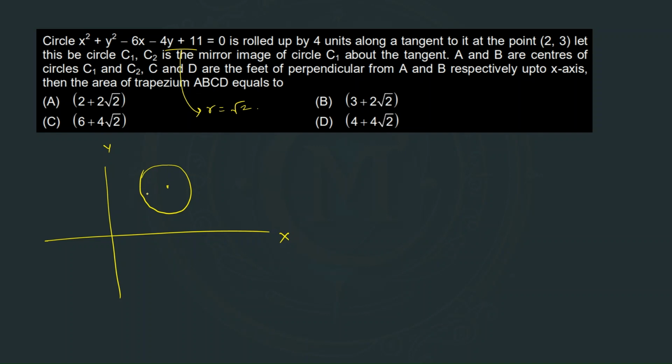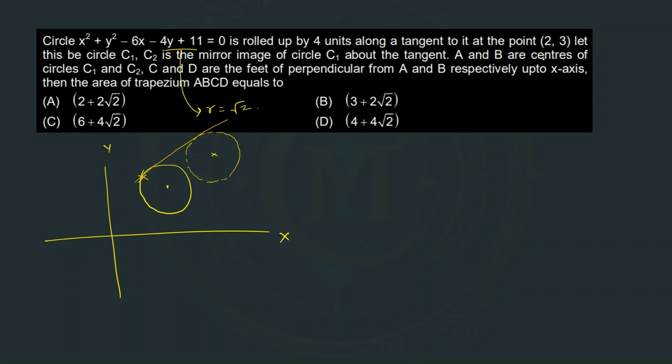So (2, 3) lies somewhere here. The tangent to it will become simply this, and this circle is rolled up by 4 units. Now we simply roll up this circle. The new circle after rolling up will become like this. This will be the new center.